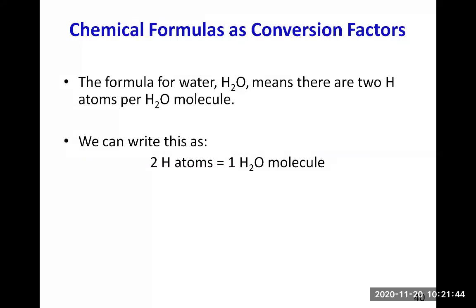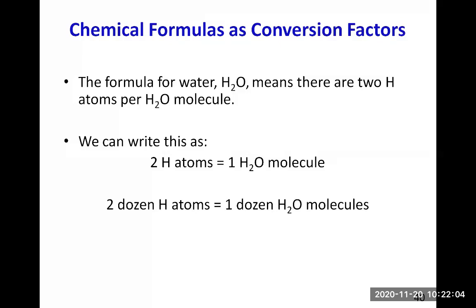Now, if we multiply both sides of the equal sign by 12, then we can say that 2 dozens of hydrogen atoms means 1 dozen of molecules of water, or 1 dozen of molecules of water corresponds to 2 dozens of hydrogen atoms.